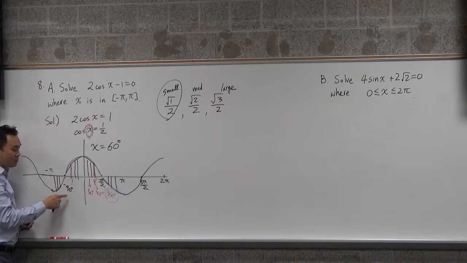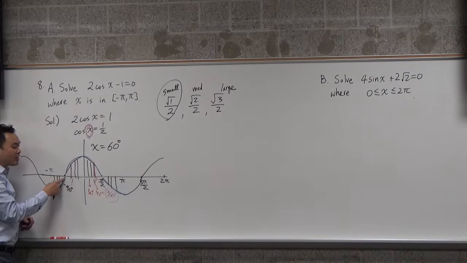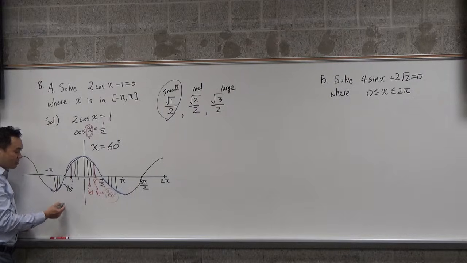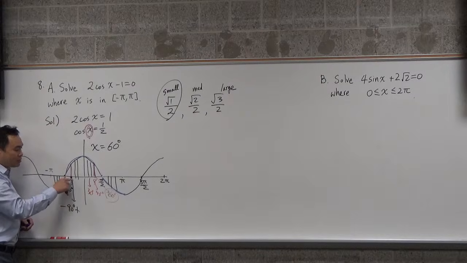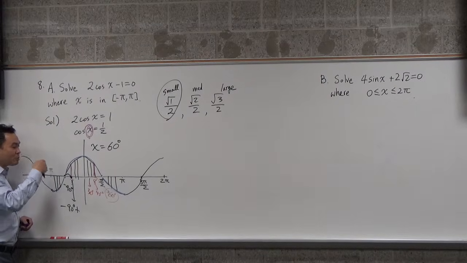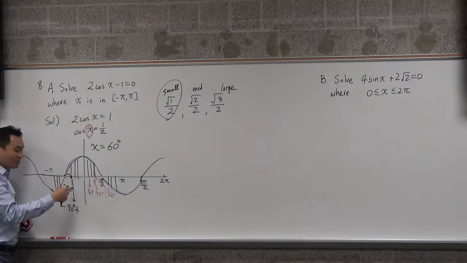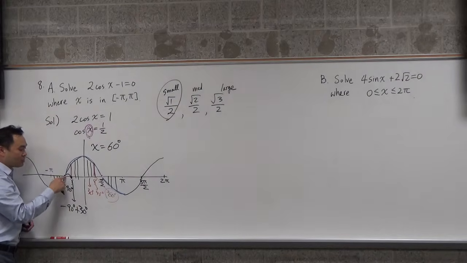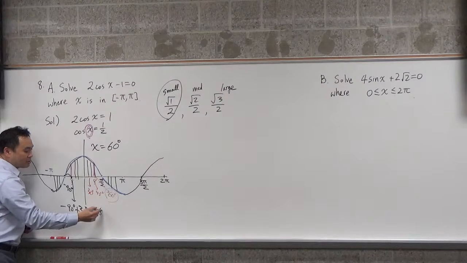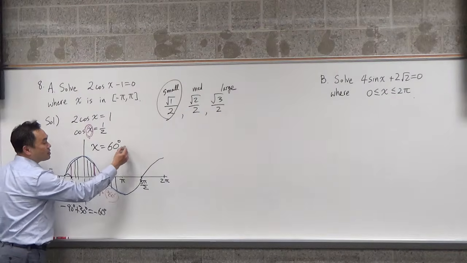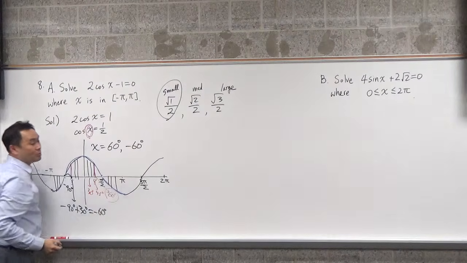This is negative 90 degrees. So if you have negative 90 degrees plus 30 degrees, where is this? Negative 60, right? So you can think of this as negative 90 degrees, and you go right by the smallest amount. Remember, 30, 45, 60. So you're adding 30 degrees to this one, which gives you negative 60 degrees. So I know that negative 60 degrees is another place.